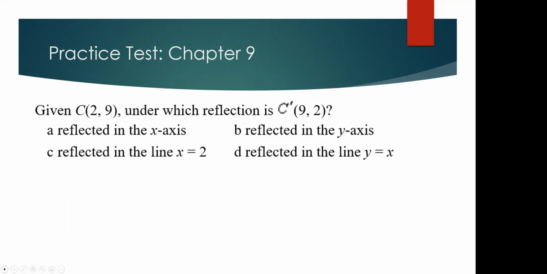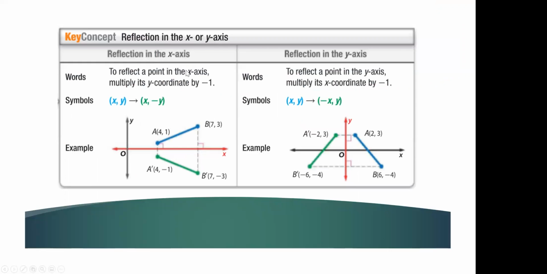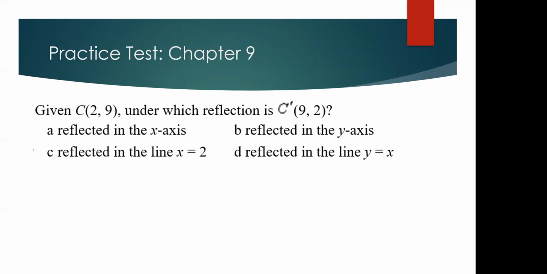So if we look back, to be a reflection over the x-axis, you would multiply the y-coordinate by -1. If your y-coordinate is 9, multiplying 9 by -1 gives -9, which is not what we end up with.